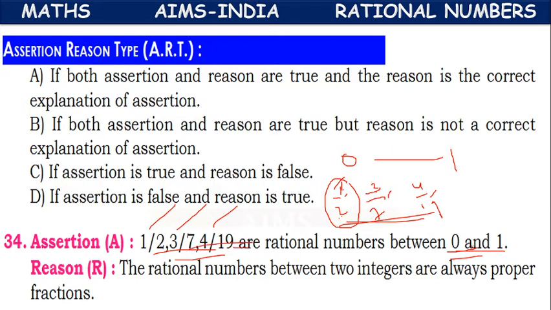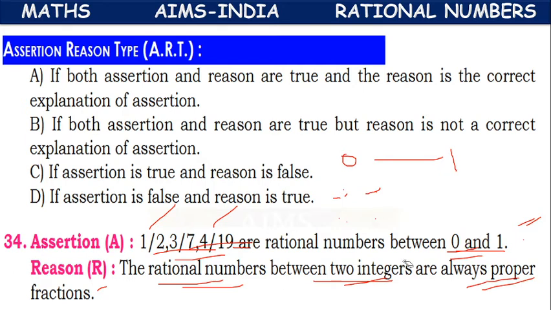So the assertion is true. But what is the reason here? The rational numbers between any two integers are always proper fractions, always numerator less than denominator, like that they are telling.